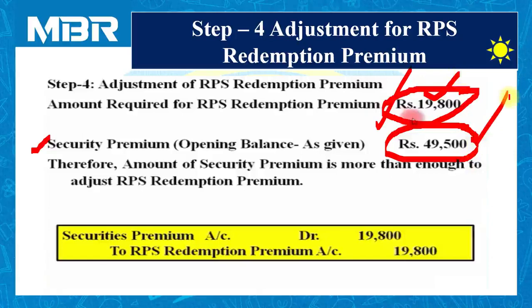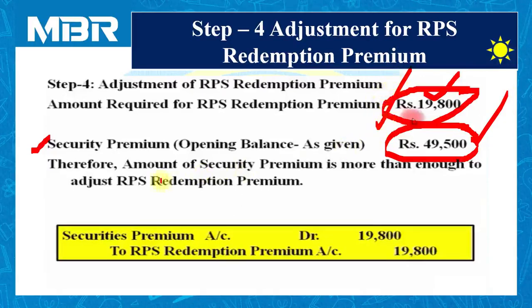So without any kind of calculation, you can utilize 19,800 rupees from the security premium account, because the security premium account is available to us, which is more than enough.